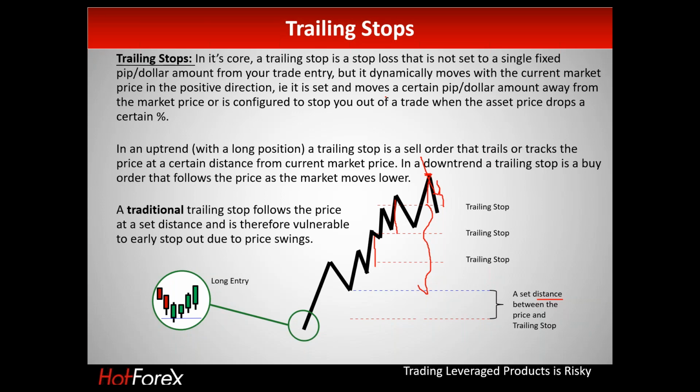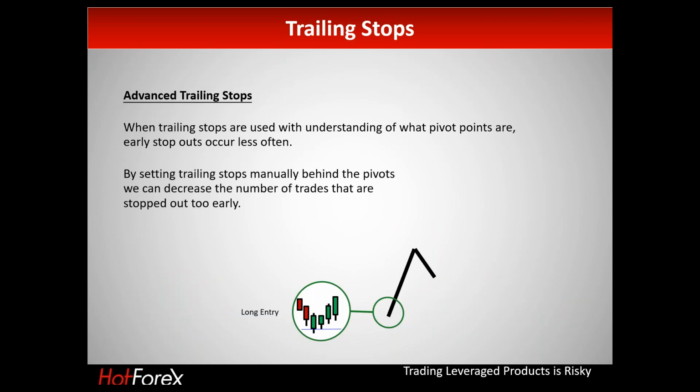So the advantage of having a trailing stop is that a traditional trailing stop follows the price at a set distance, and is therefore vulnerable to early stop out due to price swings. But we also have advanced trailing stops. What do we mean by advanced trailing stops?